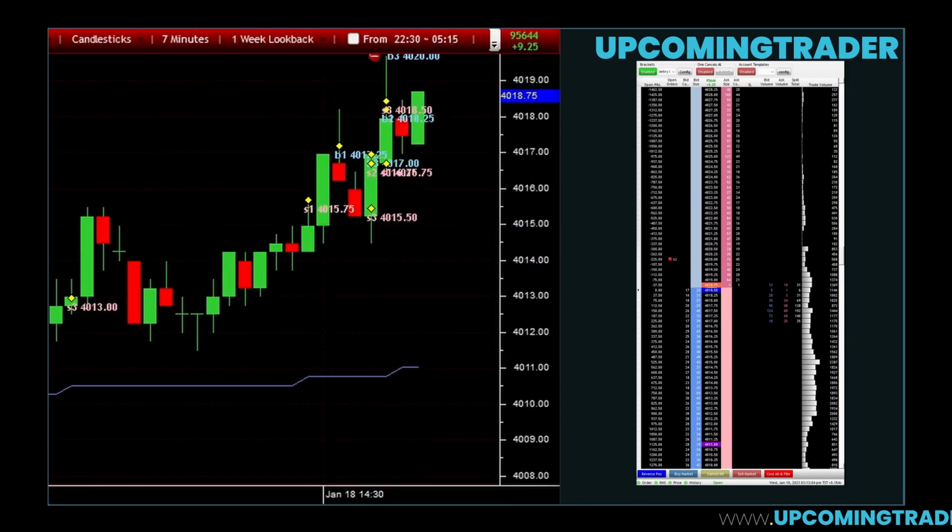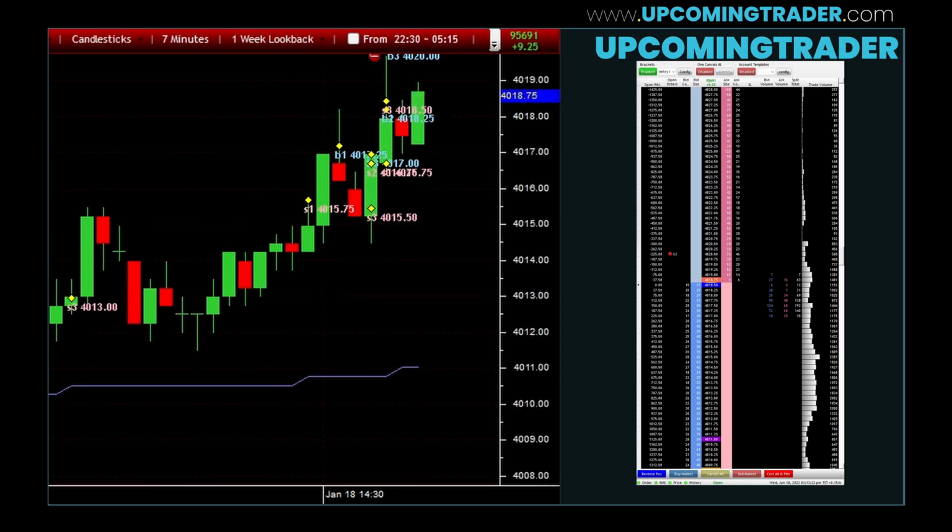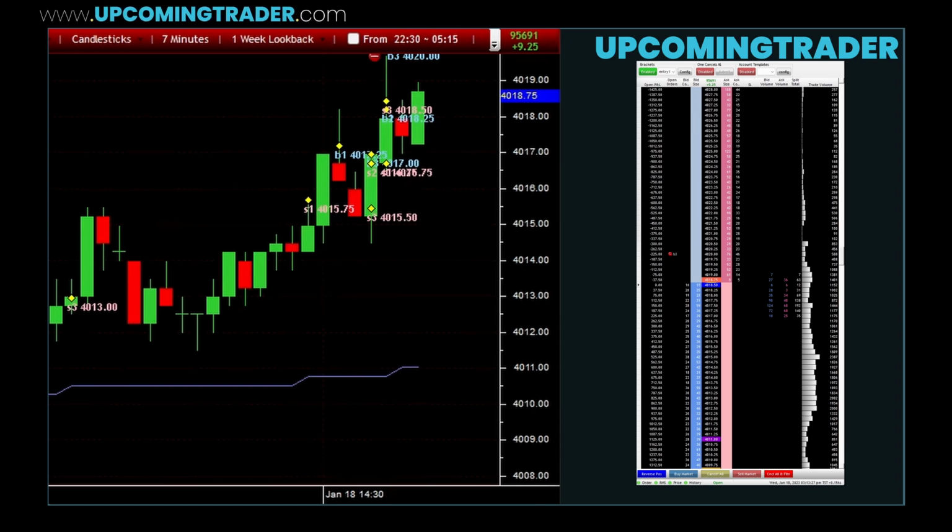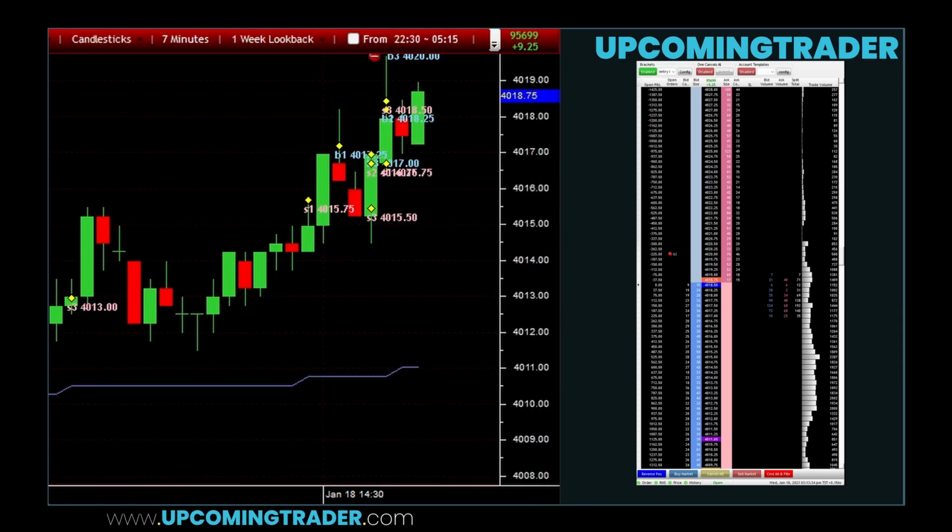Understanding how these patterns fit within the context of the volume profile on different time frames can help you determine the strength of the signal and whether it aligns with your trading goals. Another critical aspect is to use multiple time frames to gain perspective. By analyzing a larger time frame, such as a daily or weekly chart, you can identify significant levels of support or resistance based on high volume nodes or value areas.